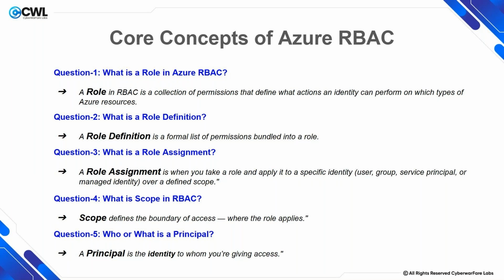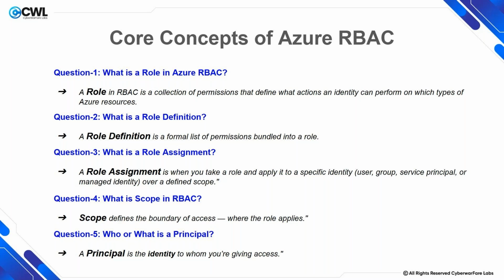A role assignment has three parts. First is the principal. Principal means the identity we will be using. The identity can be a user, and to which identity we are assigning is defined by the principal. Then we have the role definition, the role which you are assigning. Which role do you want to assign to the identity? That is explained via the role definition.